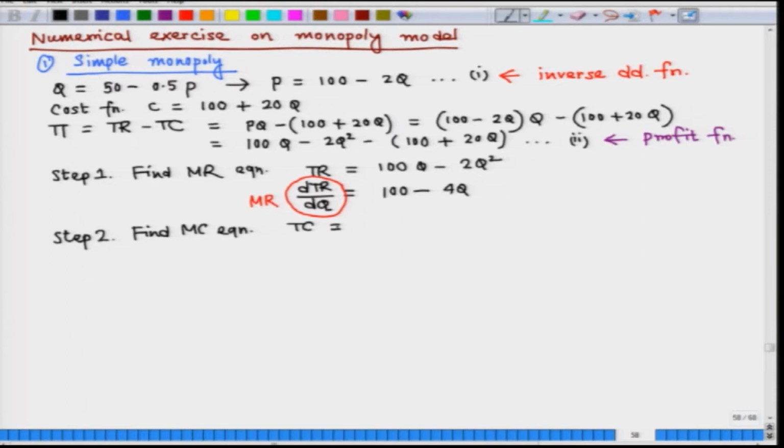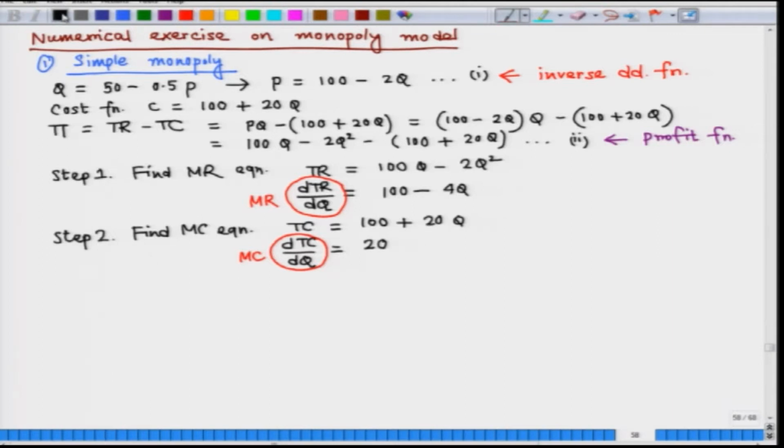So, that is basically 100 plus 20q, right. So, if I take the derivative with respect to the quantity being produced, I get 20, right. So, that is basically my marginal cost. So, here we get a constant marginal cost in this simple example.